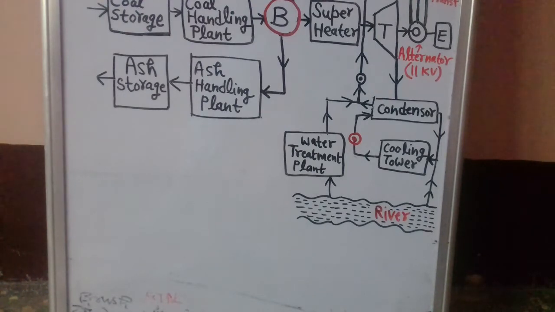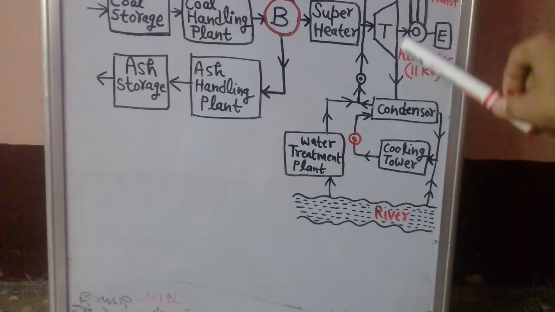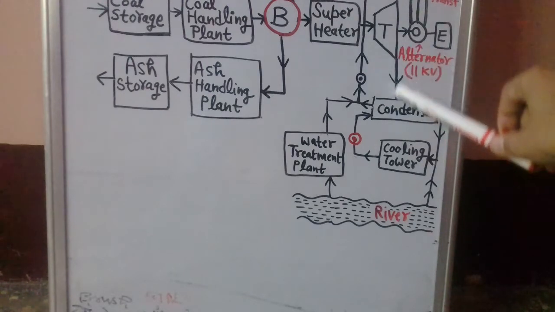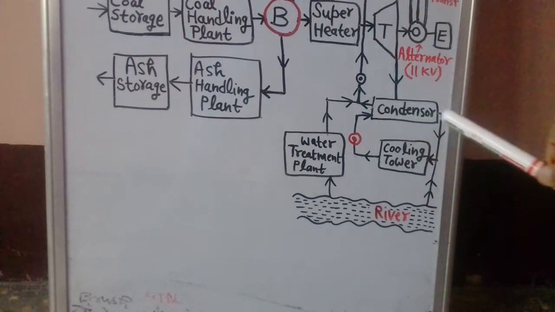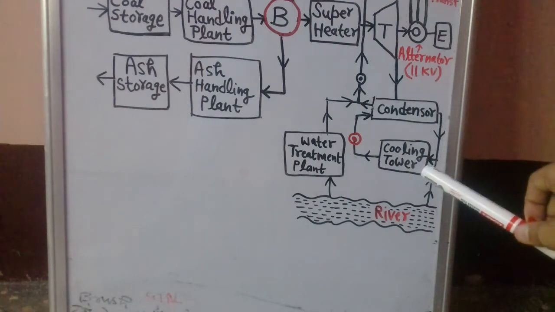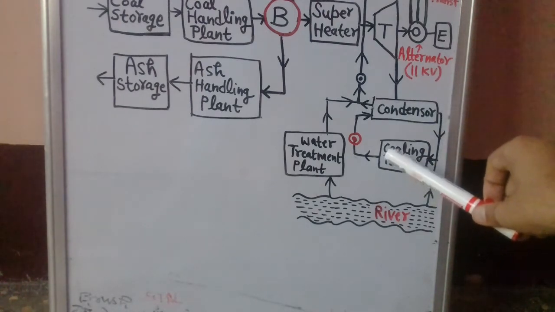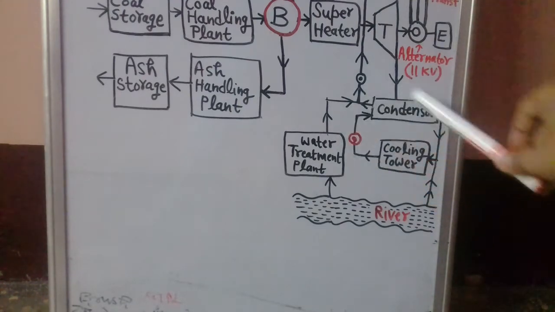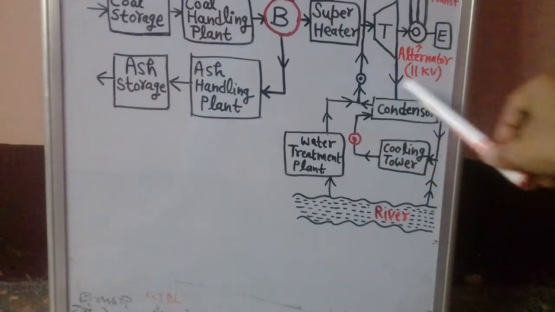Rather we will pass this remaining steam coming from the turbine to the condenser, and the condenser will condense this steam, cool it down, and convert this steam into water using the cooling tower, and this process will keep on going like that.